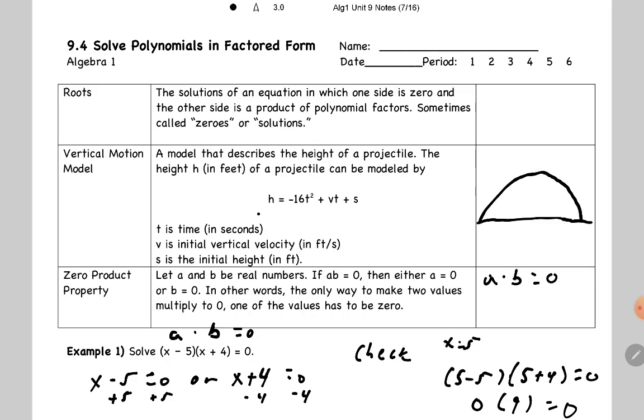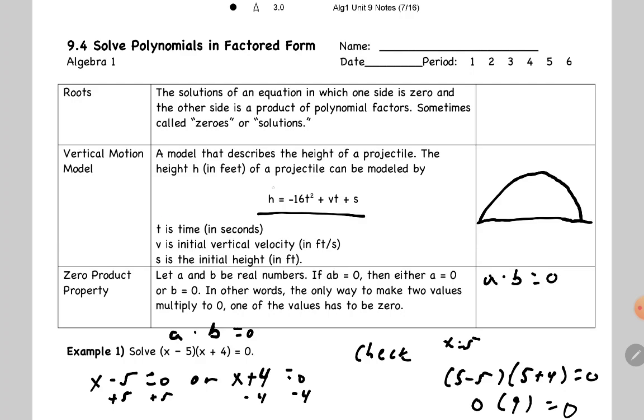And this formula here tells you what the height of the ball or the projectile, whether it be a rocket or a bullet or just someone throwing a ball. This equation tells you the height of the object given a certain speed and time.